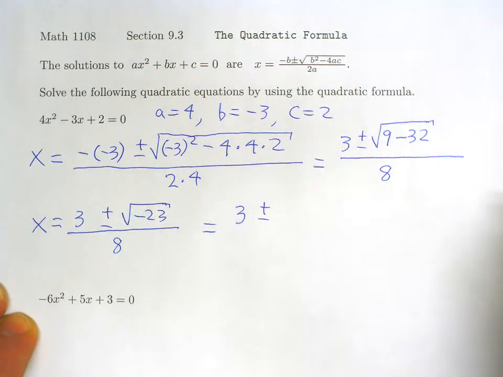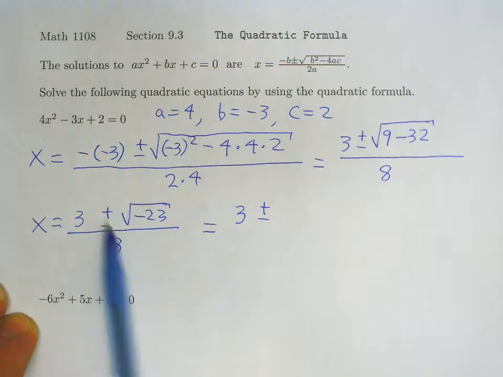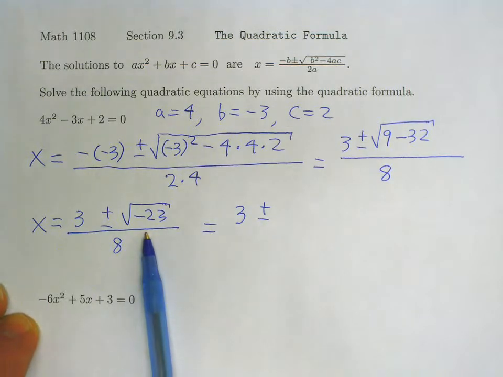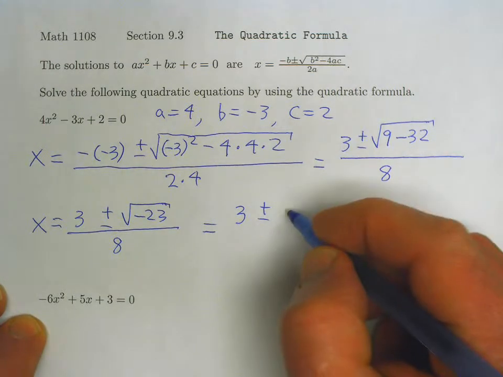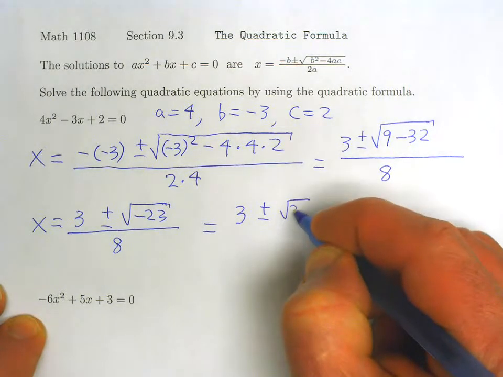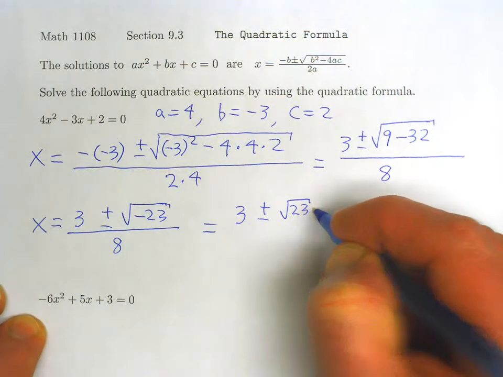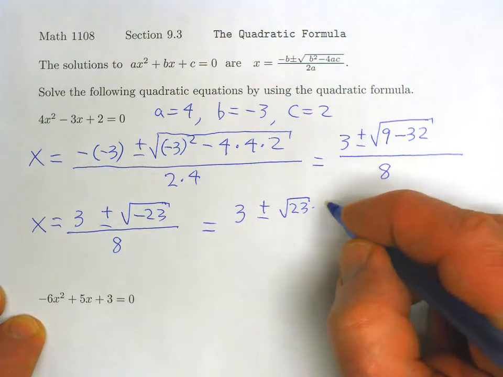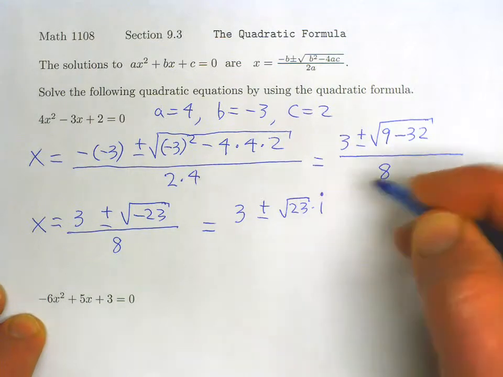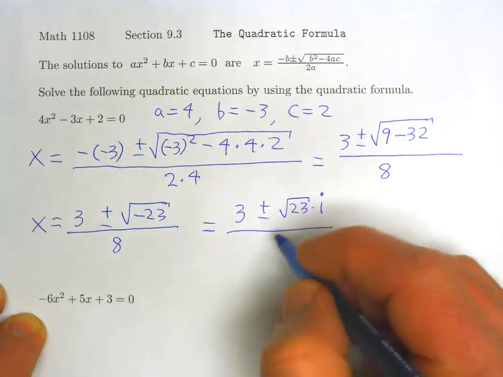And the way that we simplify the square root of negative 23, think of that as the square root of positive 23 times the square root of negative 1. So we can write the square root of positive 23, but we replace the square root of negative 1 with i, and then we divide all of that by 8.